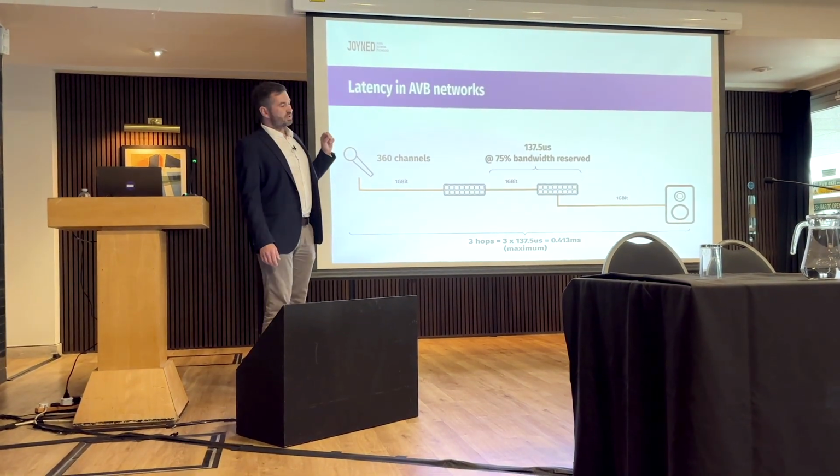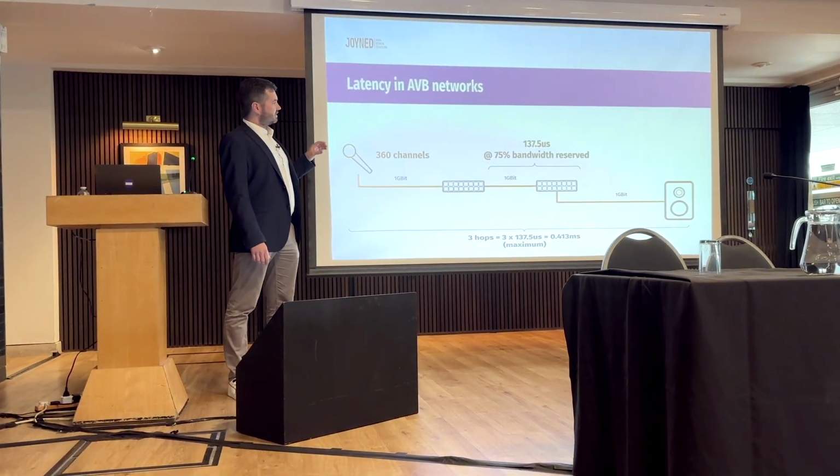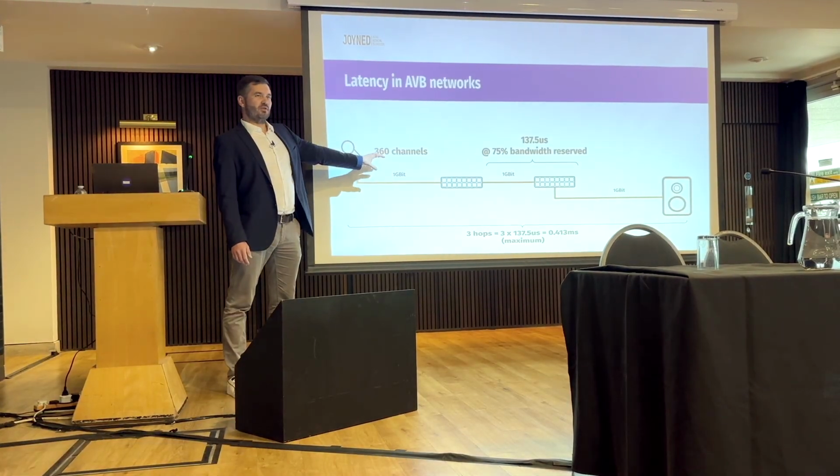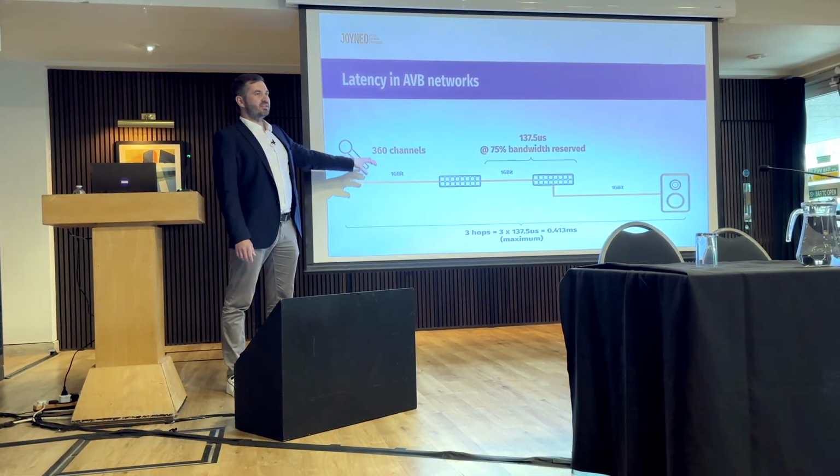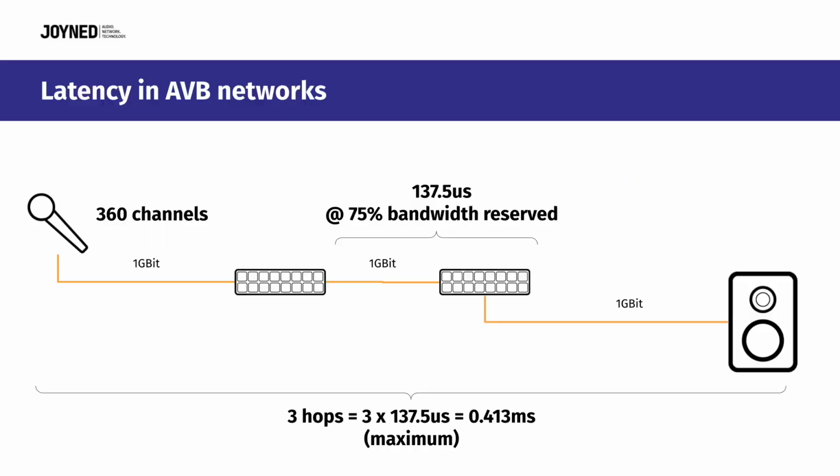Now, what we want to guarantee is that no matter what load we have on the network, our packets do not get delayed. So we want to guarantee that these packets arrive in time. We cannot afford to lose any single frame.